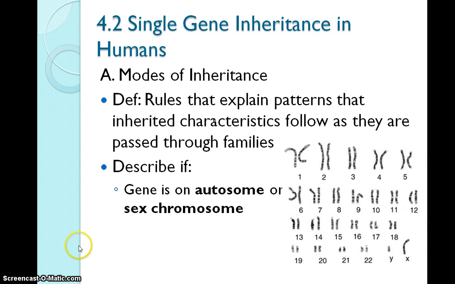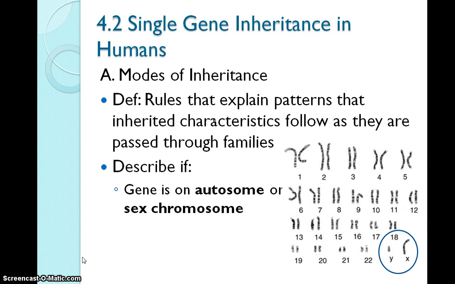Sex chromosomes, on the other hand, are chromosomes X and Y for a male or X and X for a female. These are also known as the 23rd pair of chromosomes. So traits are either found on the autosomes, chromosomes number 1 through 22, or on the sex chromosomes, chromosome pair number 23, or X and Y.